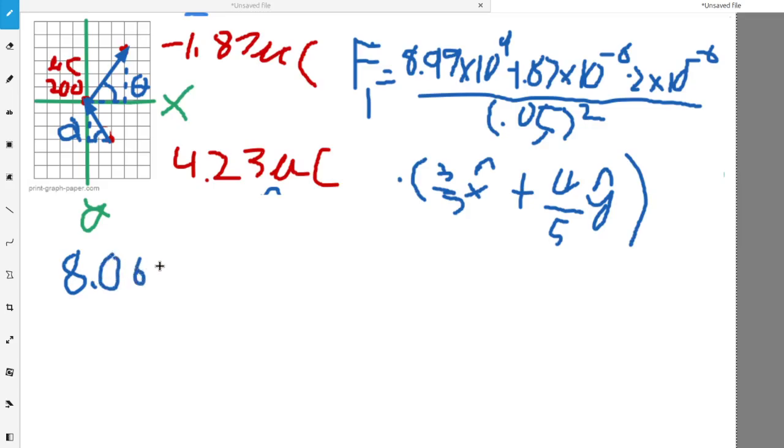We get 8.069 x hat plus 10.76 y hat. Because again, it's a force. It is a vector. It has components.